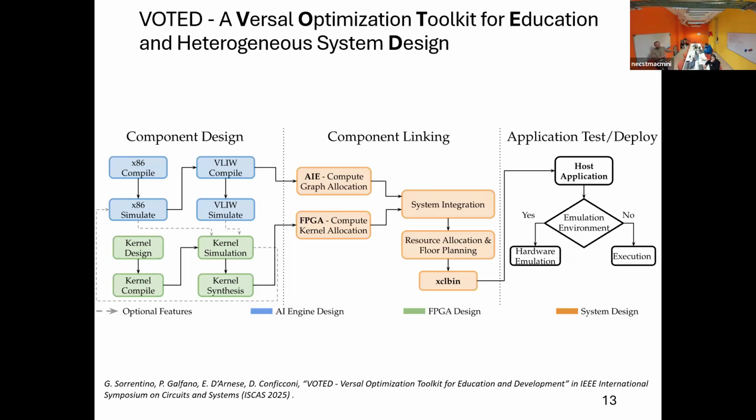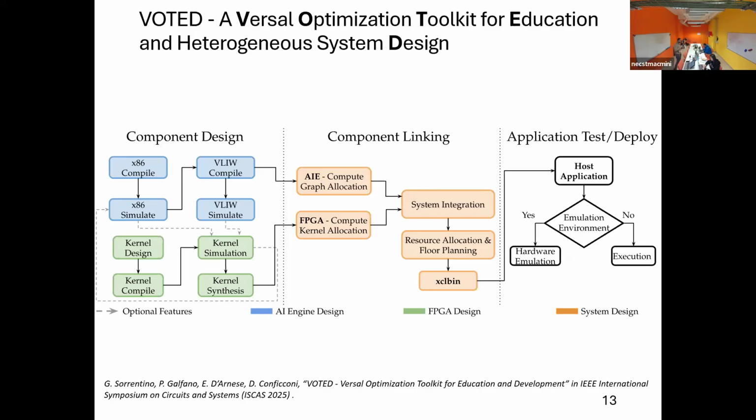We have the AI engine step and the FPGA step, which are almost independent, even if our toolkit suggests some guidelines for mixing the two, avoiding and at least anticipating some issues to allow the programmer to solve them. Then we have a linking step in which we merge the results of the previous two phases, and the deploy phase in which we are able to emulate or execute our design on the real hardware.